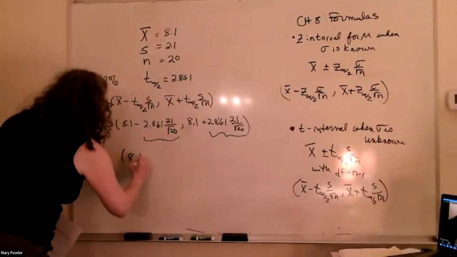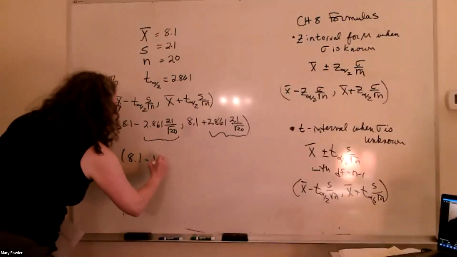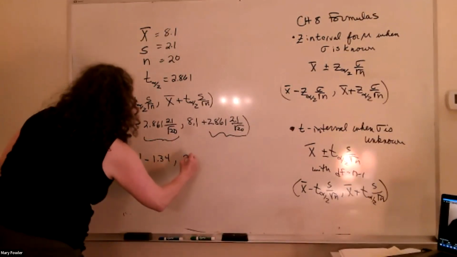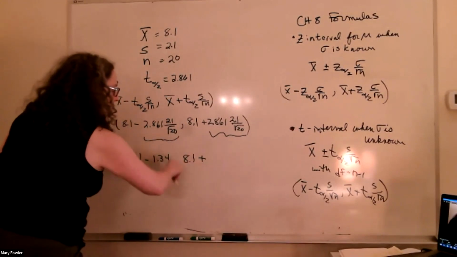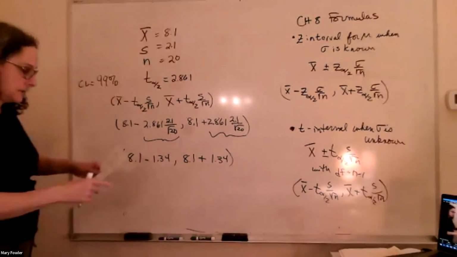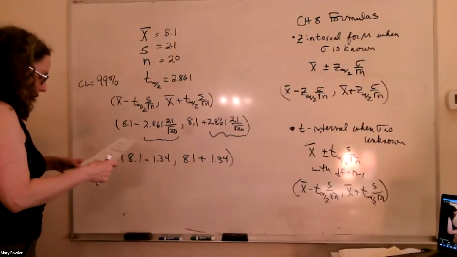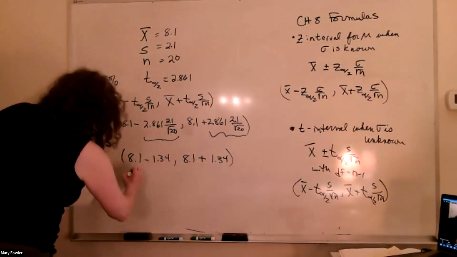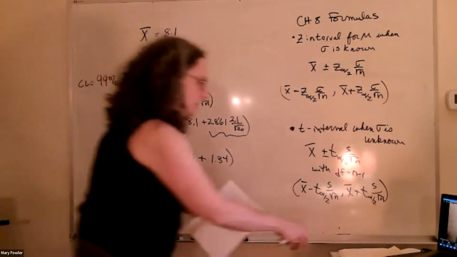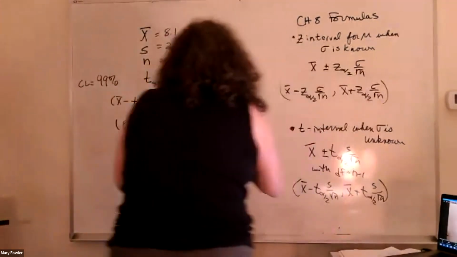So lower bound 8.1 minus the 1.34 margin of error, and upper bound 8.1 plus 1.34. Okay. And so subtracting here, we get 6.7. Just check with the calculator.